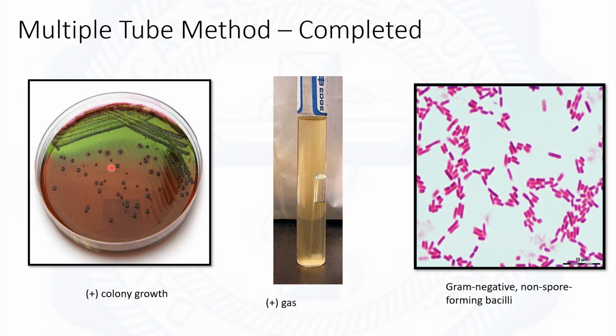And a characteristic of the growth of your E. coli is the greenish metallic sheen produced in the growth in your EMB. You can also see here, class, the formation of gas in the fermentation tubes and the presence of your non-spore forming rod-shaped bacteria from the agar culture. So these results, class, are considered a satisfactorily completed test.